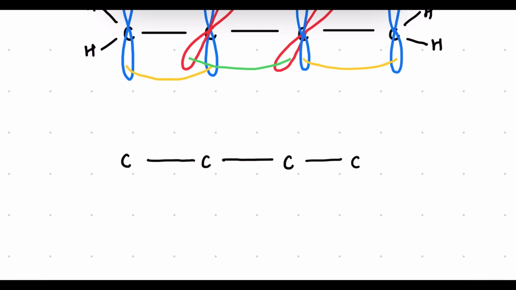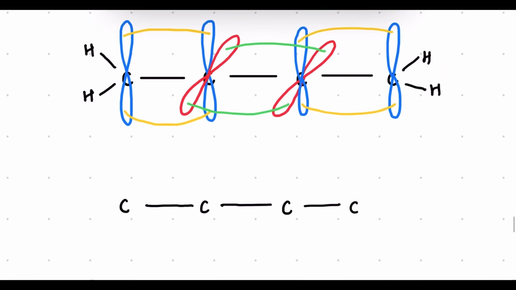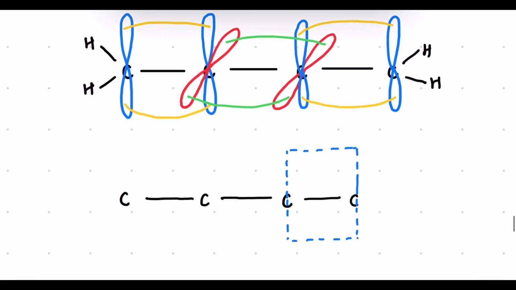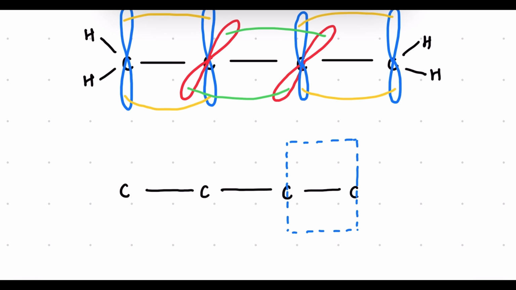Now the first plane that we want to see is this blue plane right here. These p orbitals are present in a plane like that. So that's what I'm going to do. And the next plane that we have is this red plane right there. So we're going to draw that plane too.